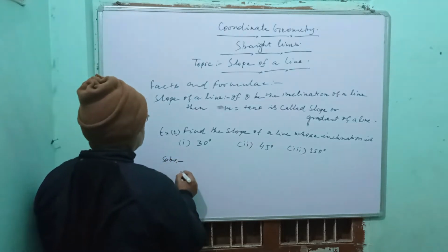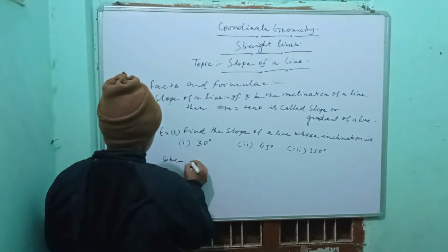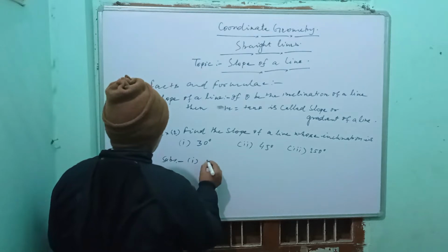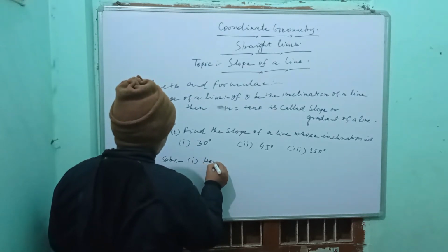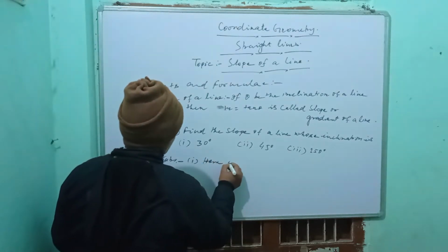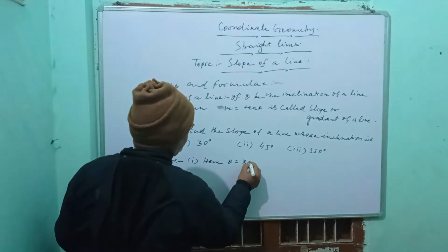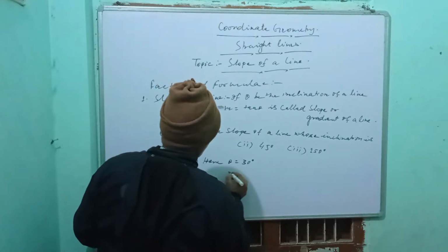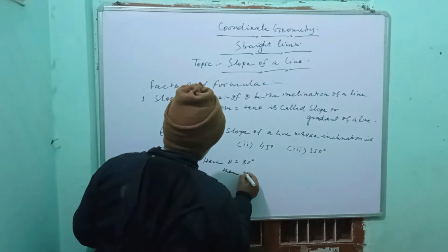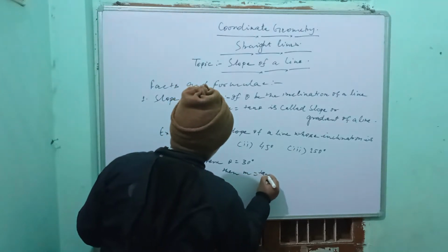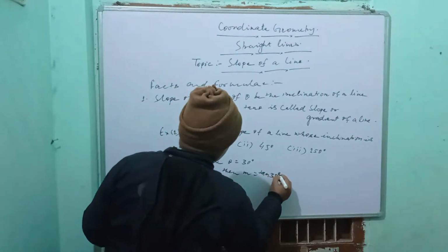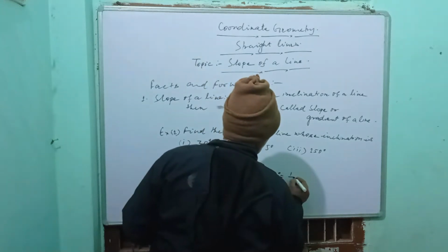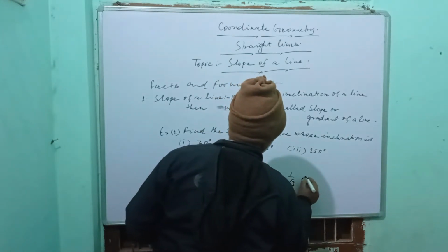Solution: here in the first, theta is equal to 30 degree, then m is equal to tan 30 degree, which is equal to 1 by √3.